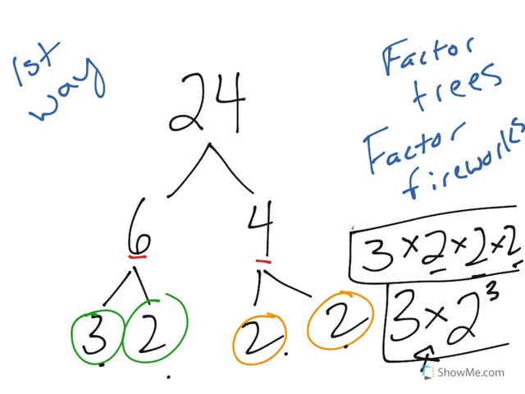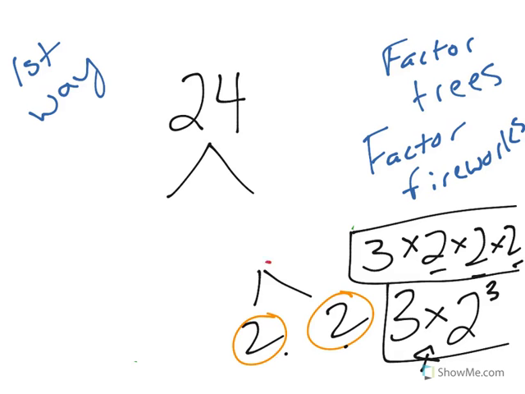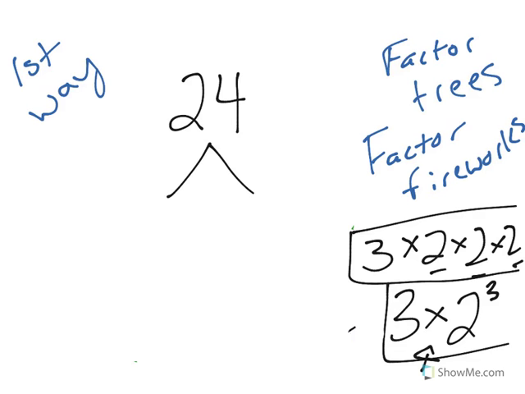That's just an easier way to remember it. Now I want to look at it a different way. You might have said, well, what if I chose a different way? What if I chose different numbers from 24? Well, you are going to end up with the same answer anyways, and I'll show you. We could have gone 12 and 2. Now I would circle the 2, because 2 is prime. I'd have to break down that 12 again.